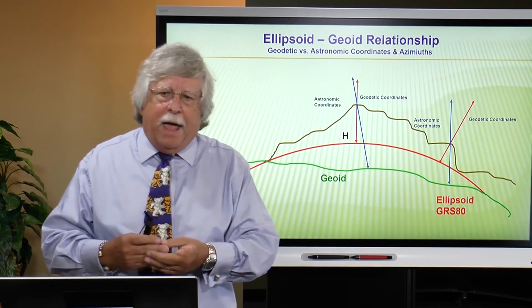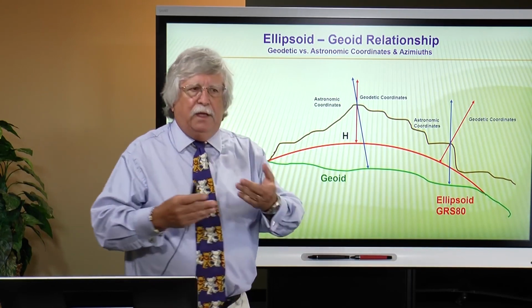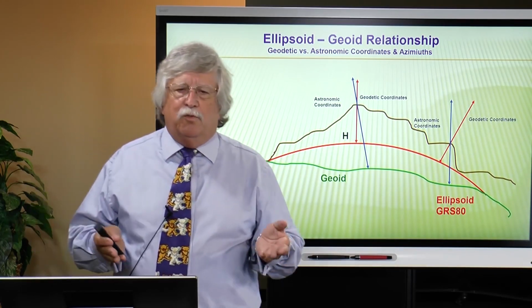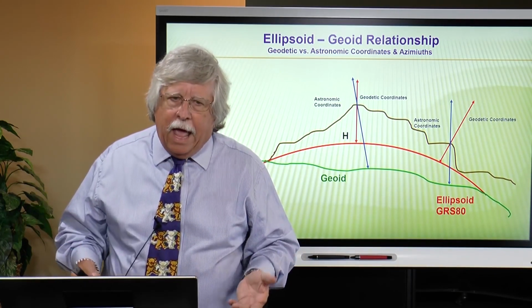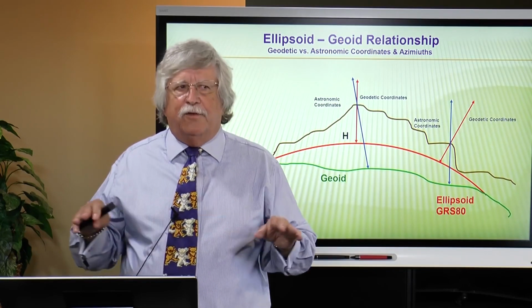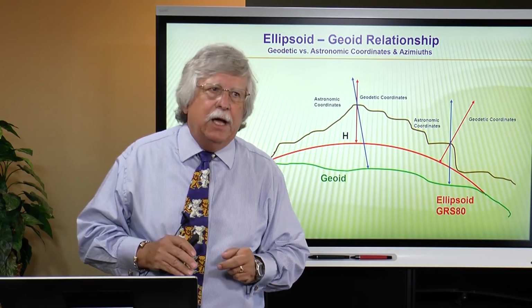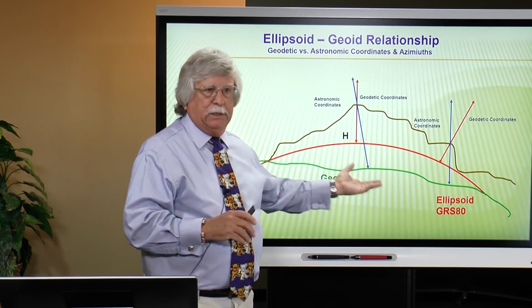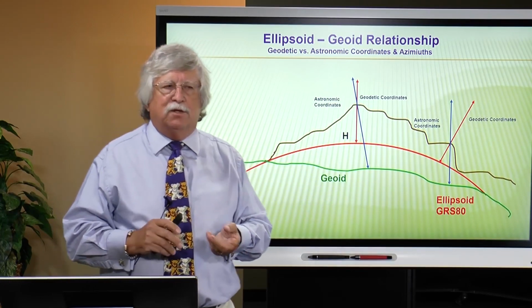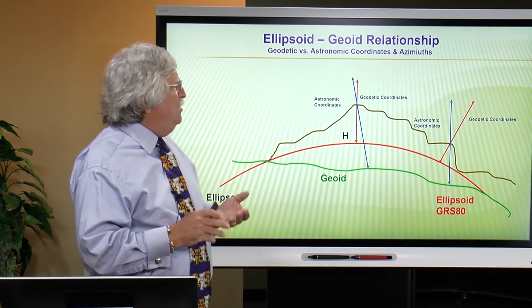And those are impacted by the fact that the reference ellipse from which we are going to compute our coordinates and the geoid, that surface that defines local gravity, are not usually the same surface. And they can have a difference between them.